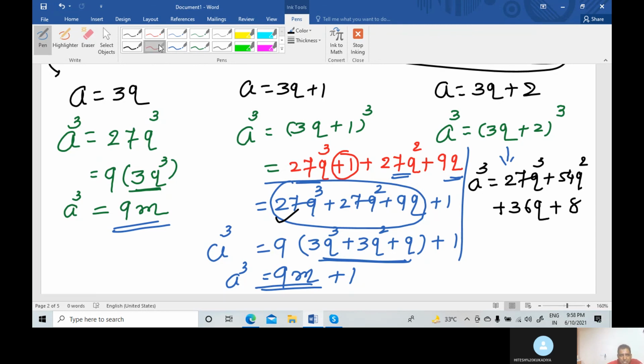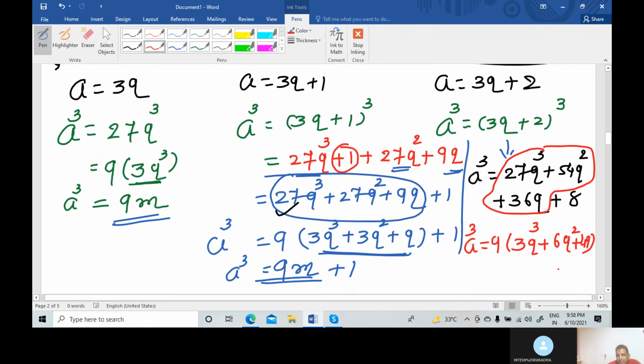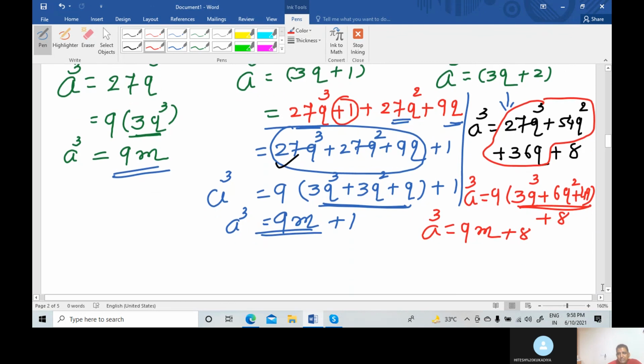Now take 9 common from the first three terms. The bracket value is always an integer. So a cube equals 9m plus 8. This is our final answer.